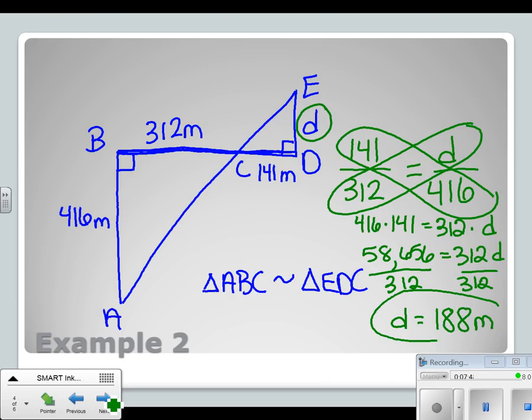And we found that distance without measuring it directly. We set up a proportion because we had two similar figures.